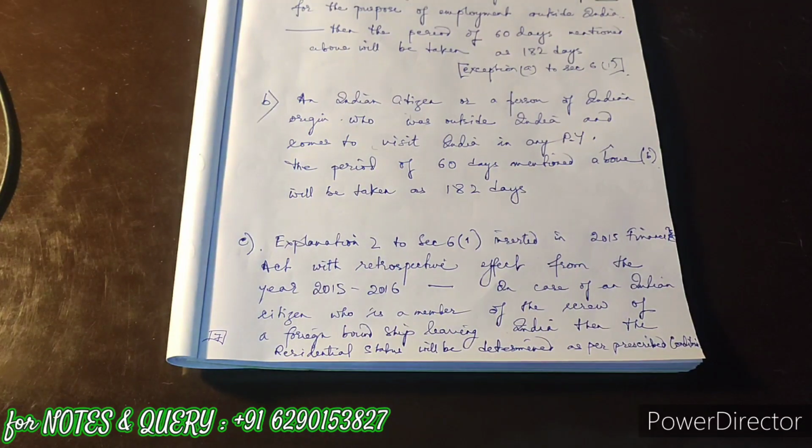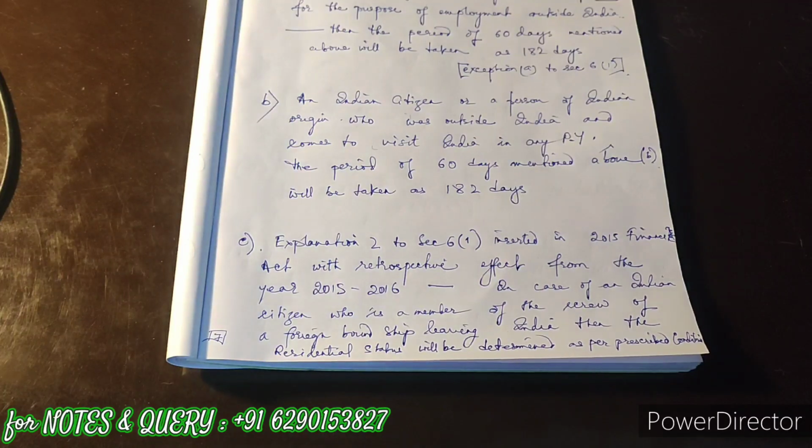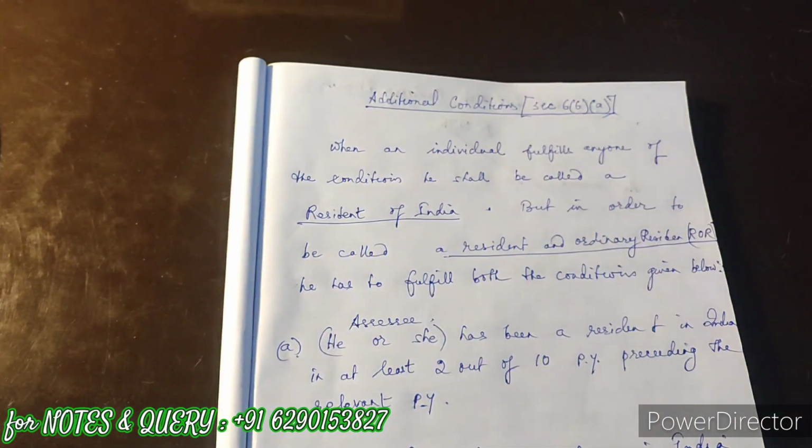So when we are assessing, we first have to take into the ROR of an assessee. If it's an ROR, then he has to satisfy any one of the conditions of section 6(1) and both conditions of section 6(6)(a).